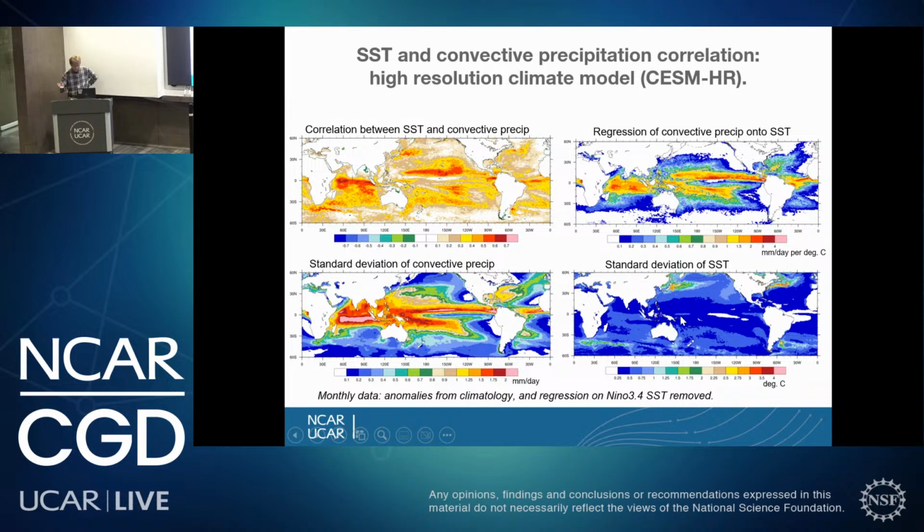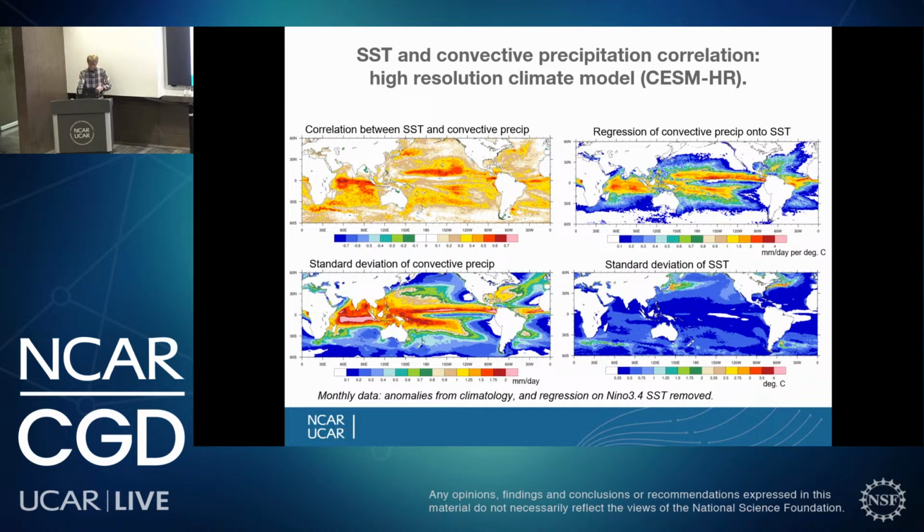Again, I've removed ENSO for this. So it's kind of well known that in the tropics, you do get a large precipitation response to small amounts of SST variability. In the extratropics, you get a small response to SST, but you get a large SST variability. So that's kind of my interpretation of this.